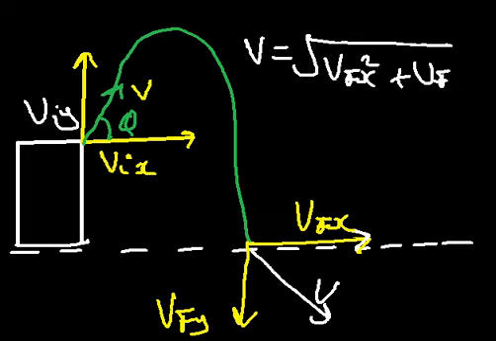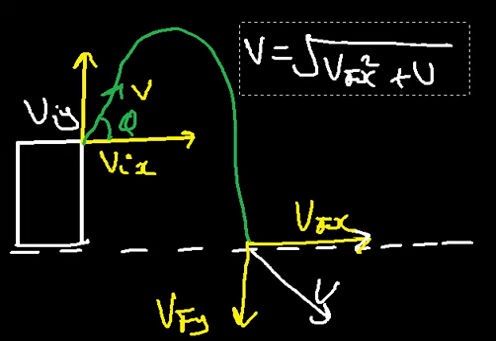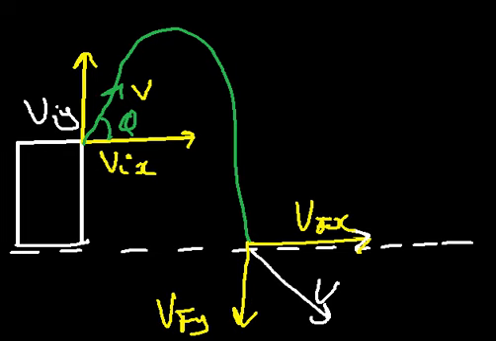But now you know how we can analyze this case of the projectile motion in that way. So how can you get the height of the building in case we are not given it? This height of the building can be calculated using the displacement formula.